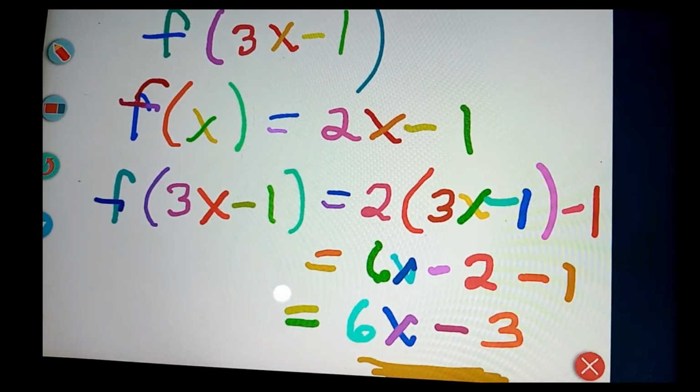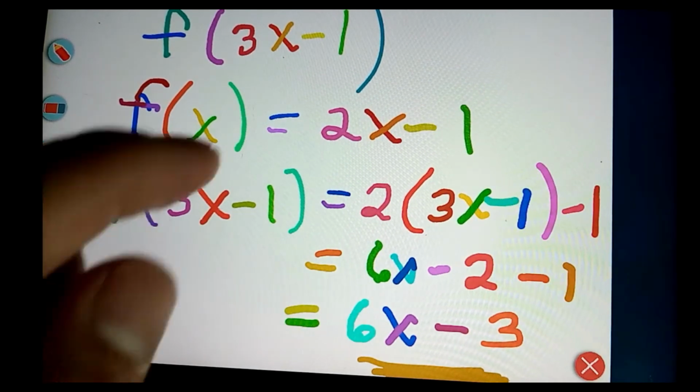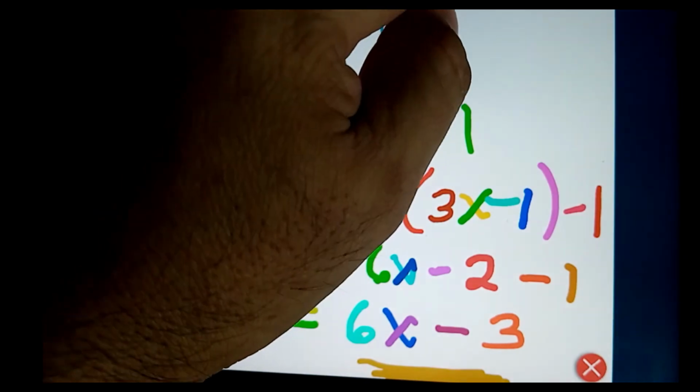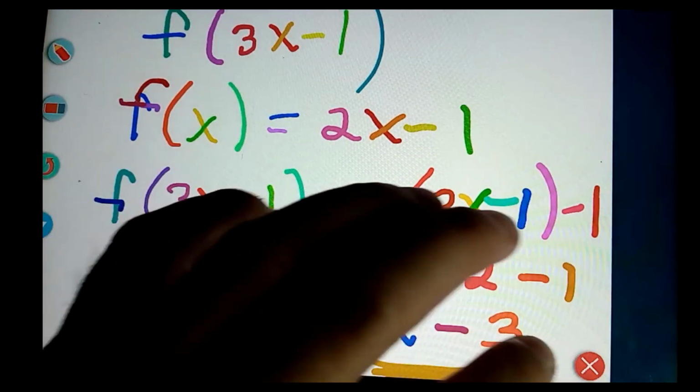Next, for letter B under example 3, which is the q of x. Q of x represents this quadratic function x squared minus 2x minus 2.